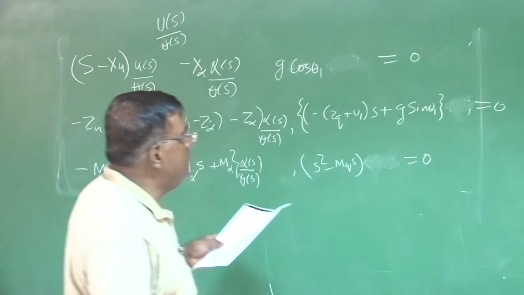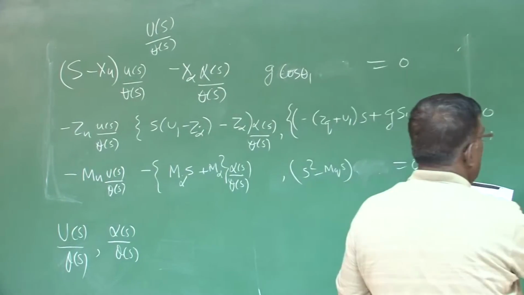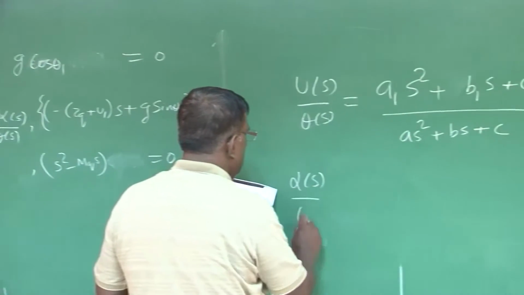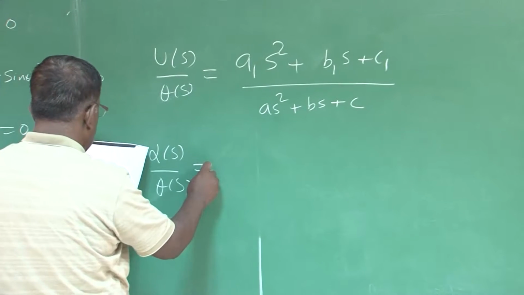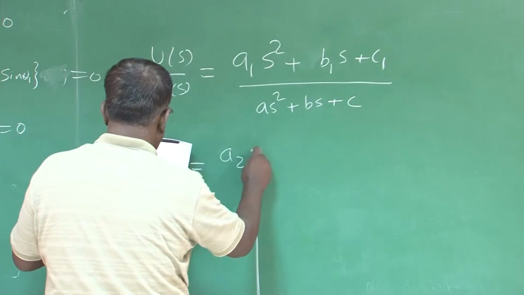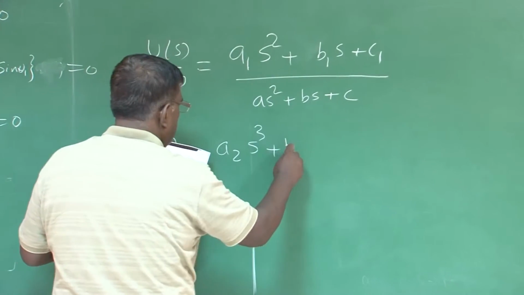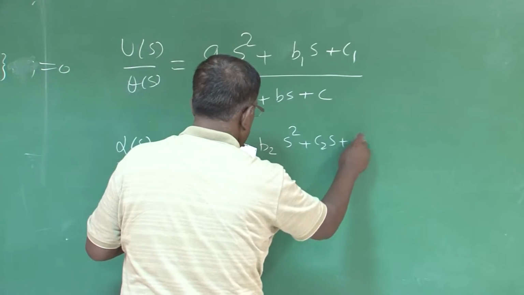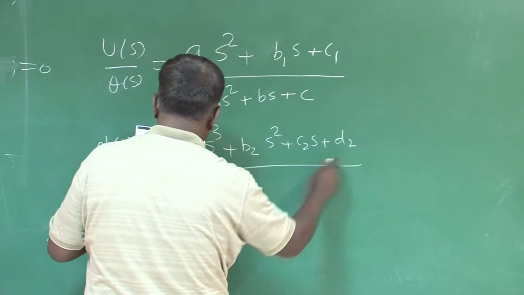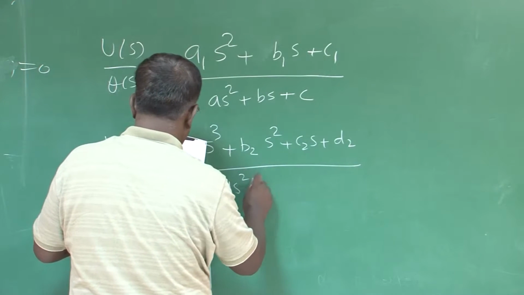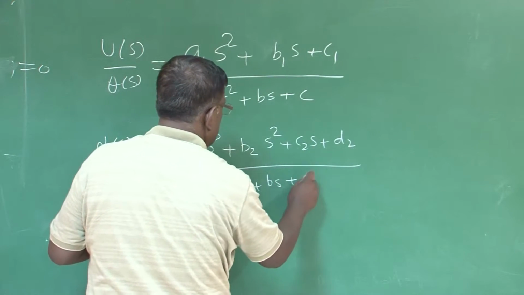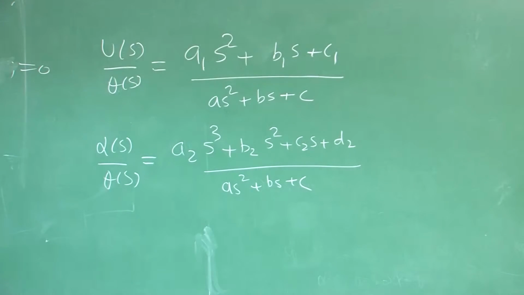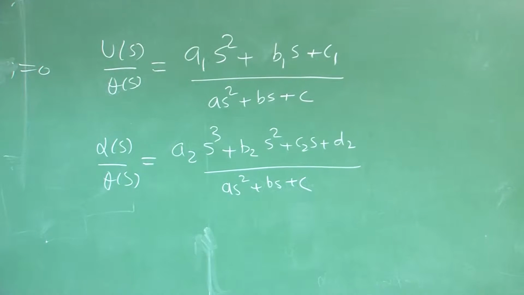Similarly, you can solve these three equations and find alpha of s by theta of s, and let's say that is given as a2 s cube plus b2 s square plus c2 s plus d2 by a s square plus b s plus c. Right? You could yourself check the expression here.